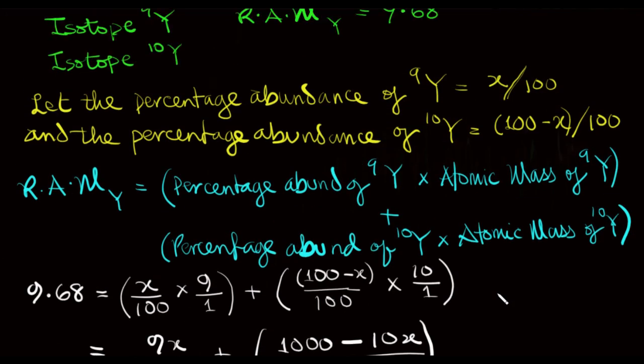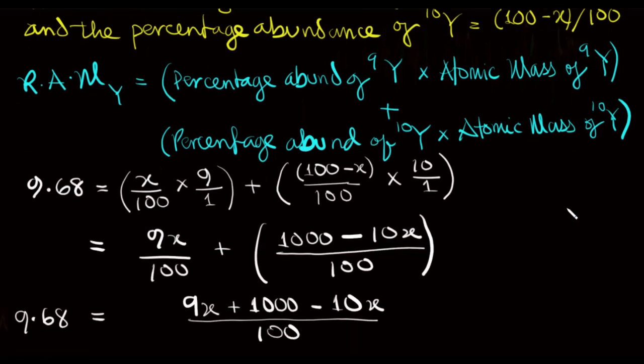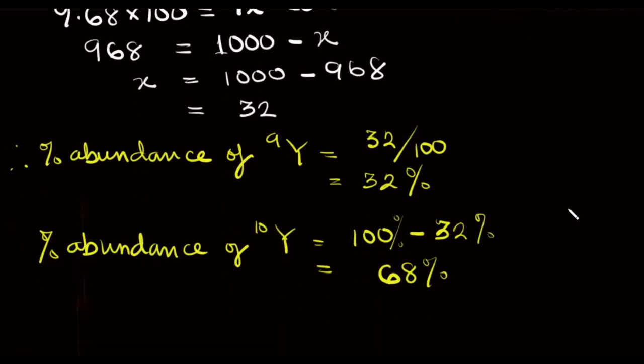You can as well substitute x into this expression, and that will be 100 minus 32 all over 100. That will be 68 over 100, which is the same thing as 68%.